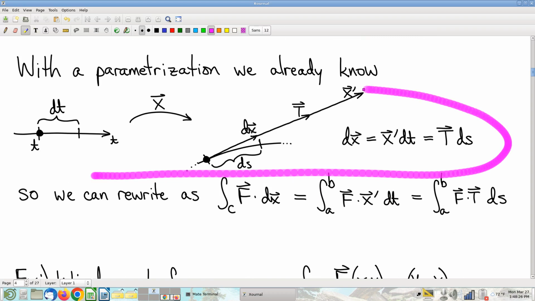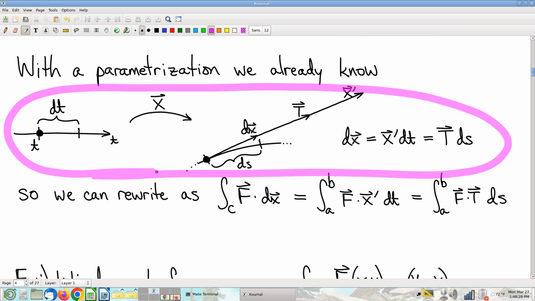Recall all of this from our previous discussion of scalar line integrals. And in fact, notice that everything we need is already right here in the picture. So, in particular, this dx vector. That, in the scalar line integral context, we were interested in it because its magnitude was the ds that we were interested in. Now, we're not really particularly interested in ds.